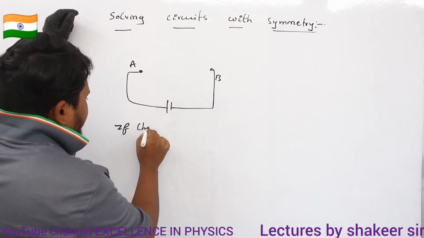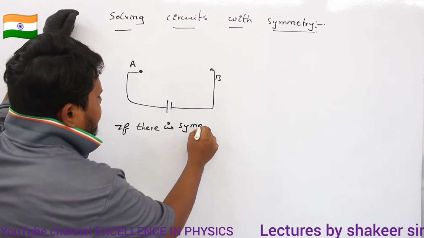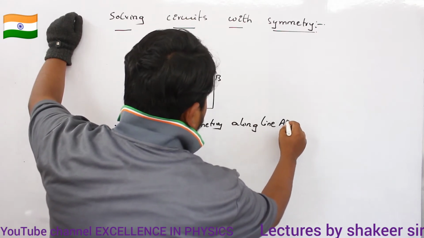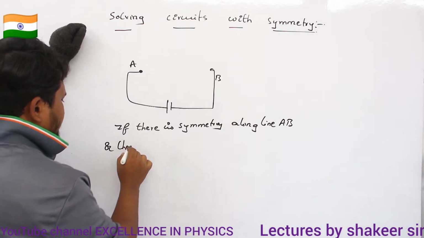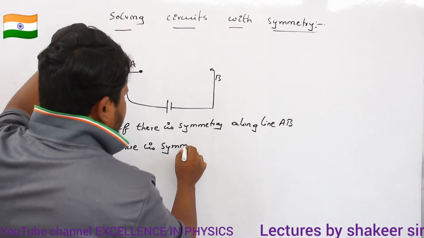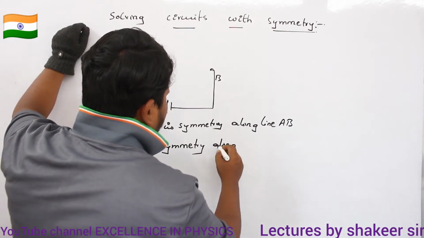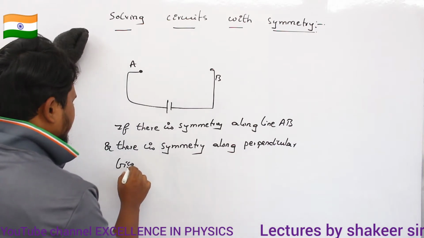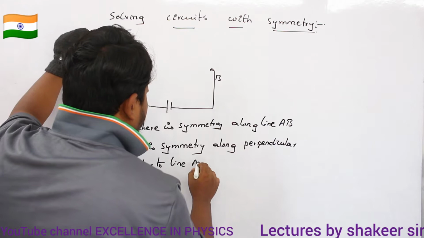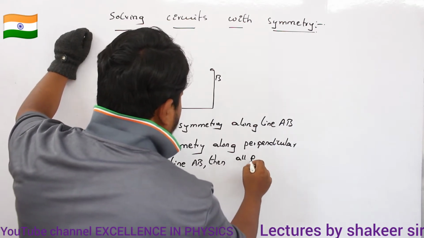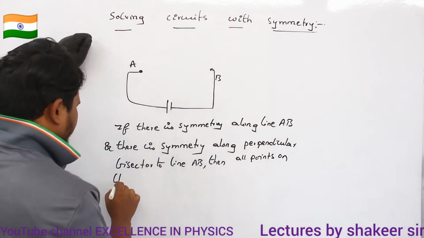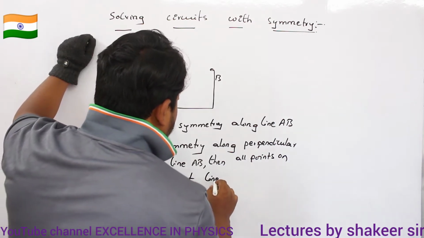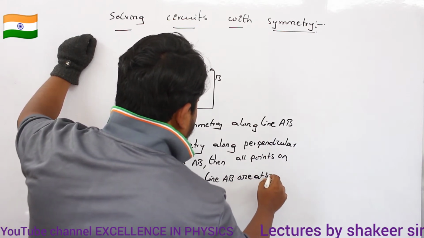If there is a symmetry along line AB, or there is symmetry along the perpendicular bisector to line AB, then all points on the perpendicular bisector to line AB are at same potential.